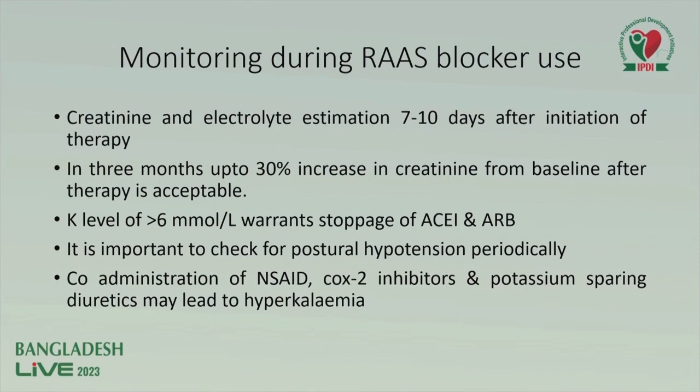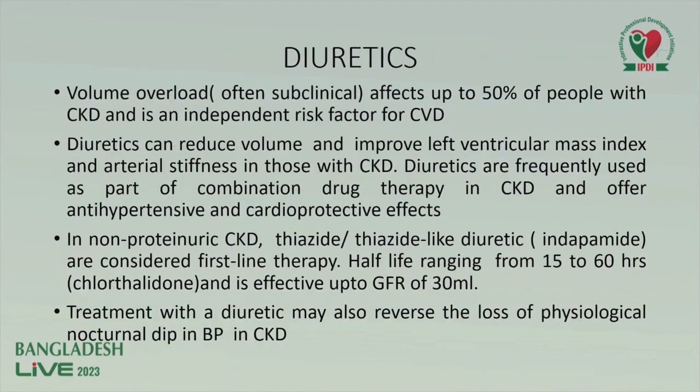A potassium level of more than 6 warrants the stoppage, and more than 5.5 we should be taking the dietary measures. And we should be aware of the use of NSAID, COX-2 inhibitors and potassium sparing diuretics, which all contribute to hyperkalemia.